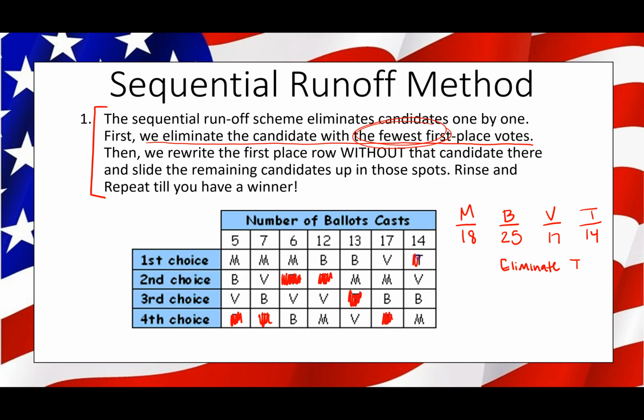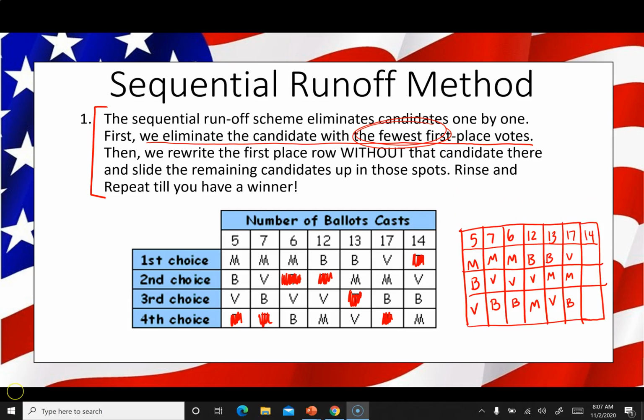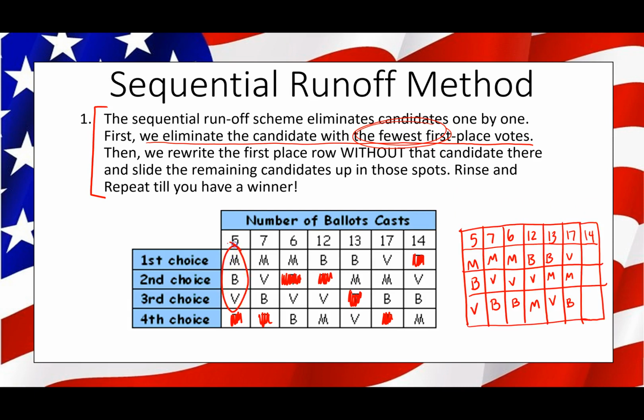Now, you do not have to rewrite these, but for the sake of the first problem, I am going to rewrite it so you understand the process. So I'm going to pause this video, rewrite it, and then restart the video. All right, so what did I do here? Well, the first column I rewrote as an MBV. The second one I wrote as an MVB. See right here? Now this one becomes an MVB. See how that's an MVB?